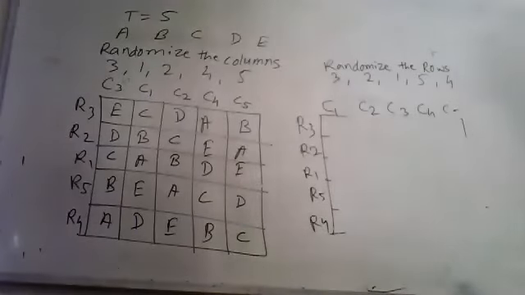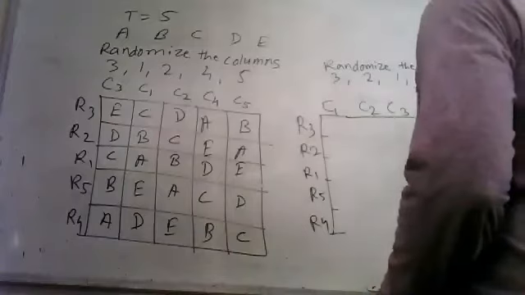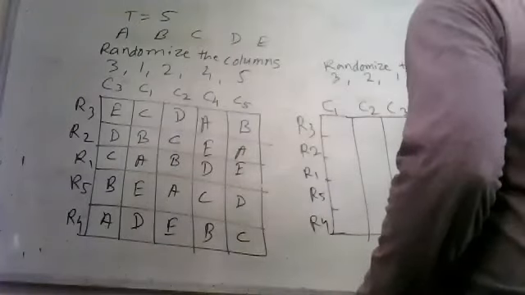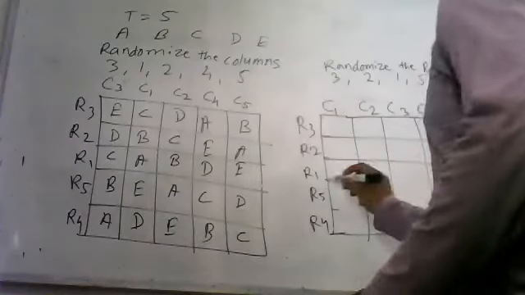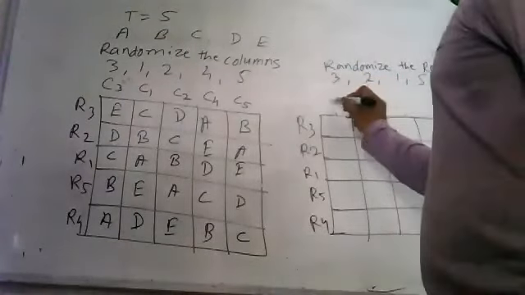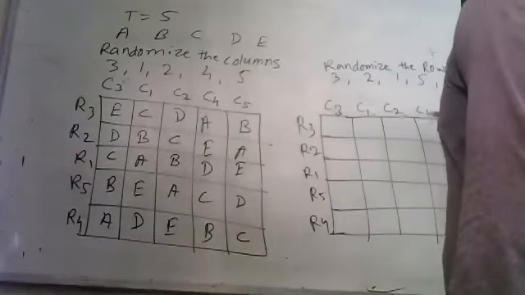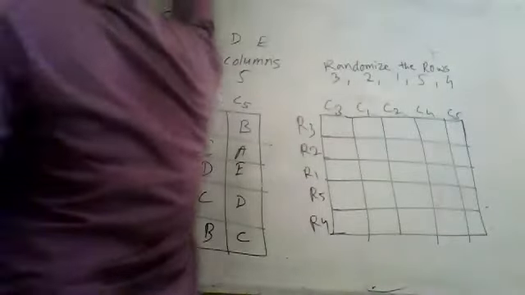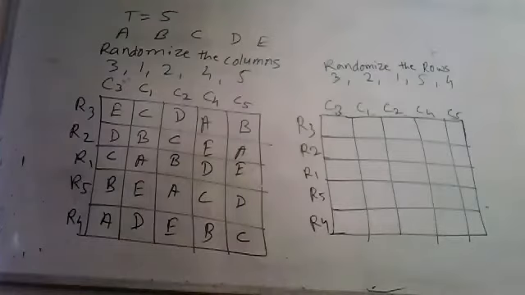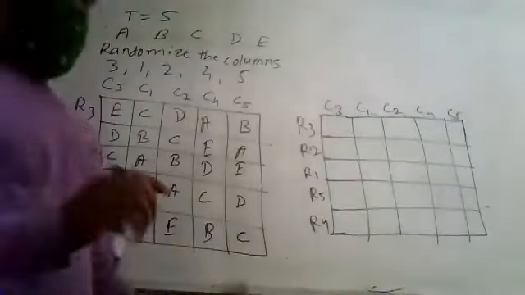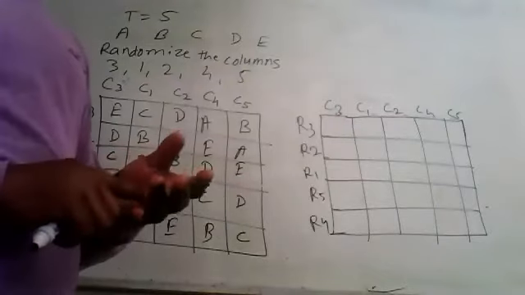Then next step. Now first we have randomized the rows, then second we have randomized the columns.